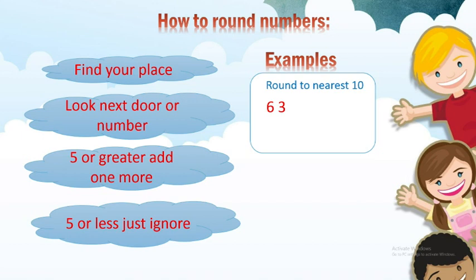The next number is 3. So you have to underline the 3. And then look: is the 3 less than 5 or more than 5? Okay, the 3 is less than 5, so you have to just ignore it, right? So you have to write 3 replaced by 0. So the answer is 60. Okay, now look at the second one.